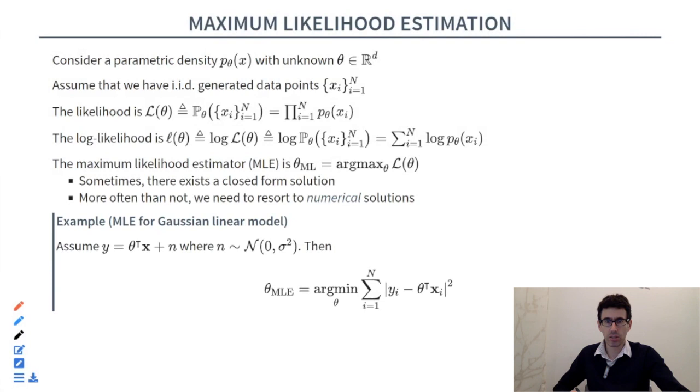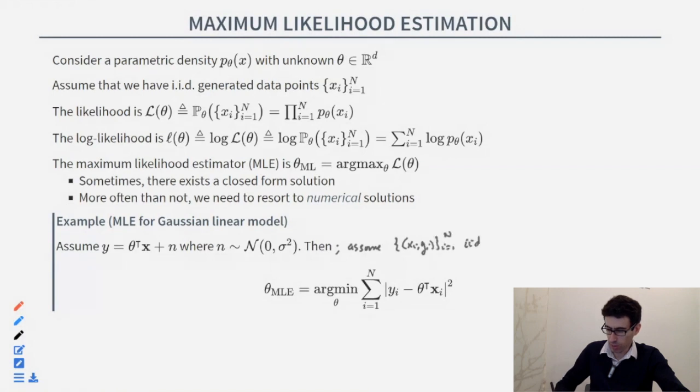They're not necessarily taking values in a finite set. y is of the form theta transpose x plus some noise, where we know that the noise is modeled as a Gaussian random variable, which is zero mean and with variance sigma squared. And I'm going to assume that I'm in the setup where I can do maximum likelihood estimation with IID samples. And you're going to assume that you're given pairs xi, yi from i equals 1 to n, which are generated IID.